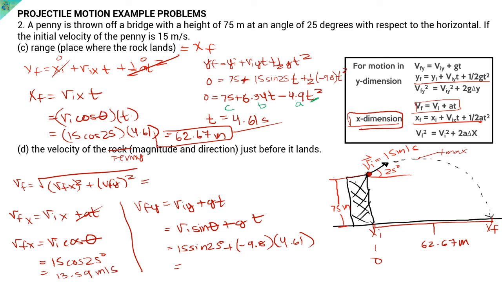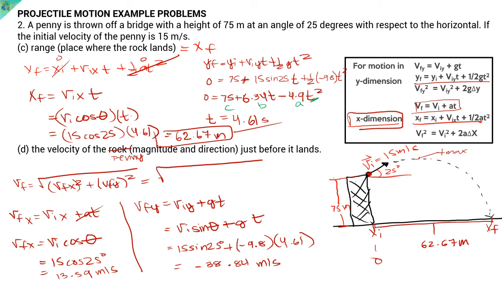Meanwhile, on the y-axis, that's 15 sine 25 plus negative 9.8 multiplied by 4.61. That's negative 38.84 meters per second. Okay, so that's our value of Vfx and Vfy.